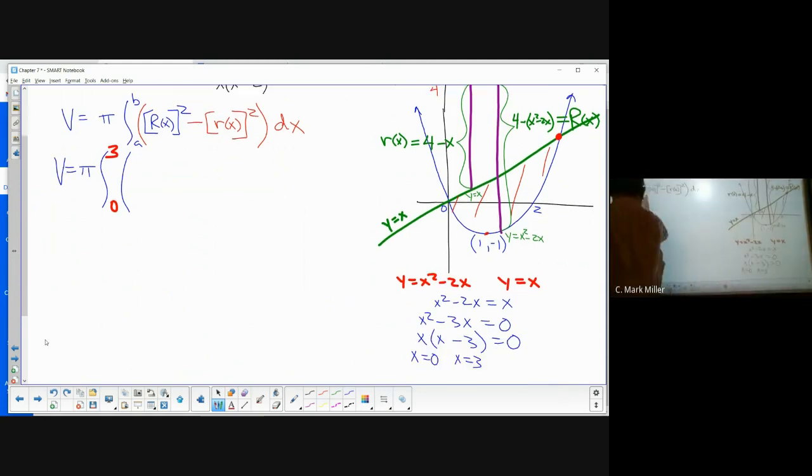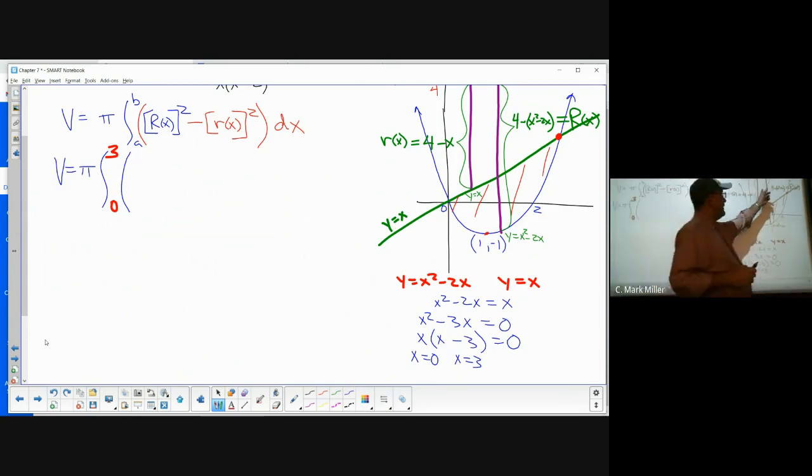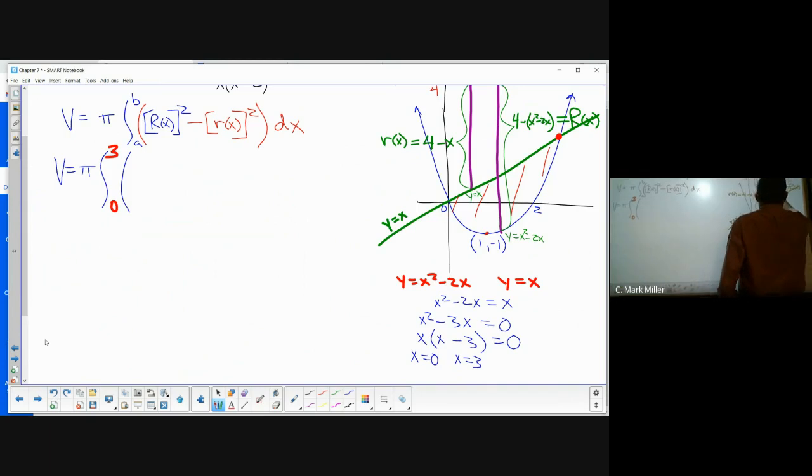The outer R of x is this line right here. By the way, what is it going to be? Minus x squared plus 2x plus 4, right?